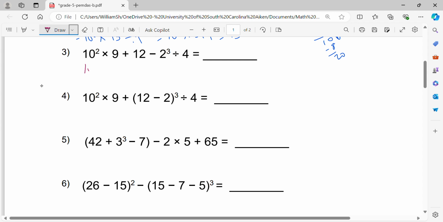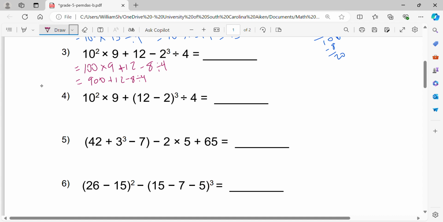So I'm going to look at 10 squared, which is 100, times 9, plus 12, minus, now 2 to the third is 8, divided by 4. Okay. Now, up next, I'm going to do my multiplication. 100 times 9 is 900, plus 12, minus 8, divided by 4.